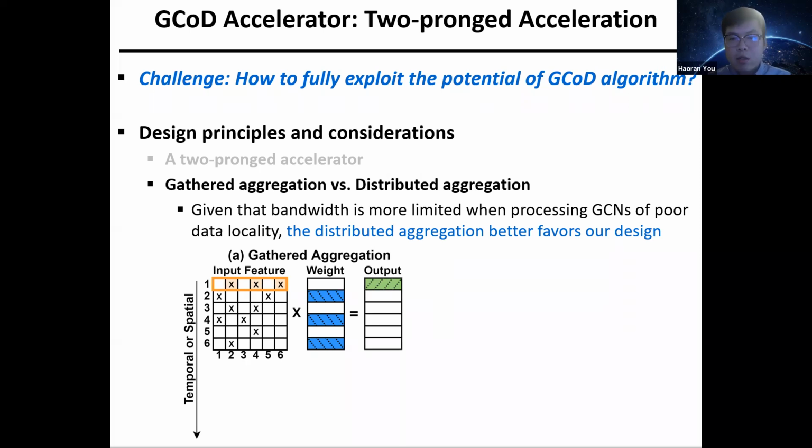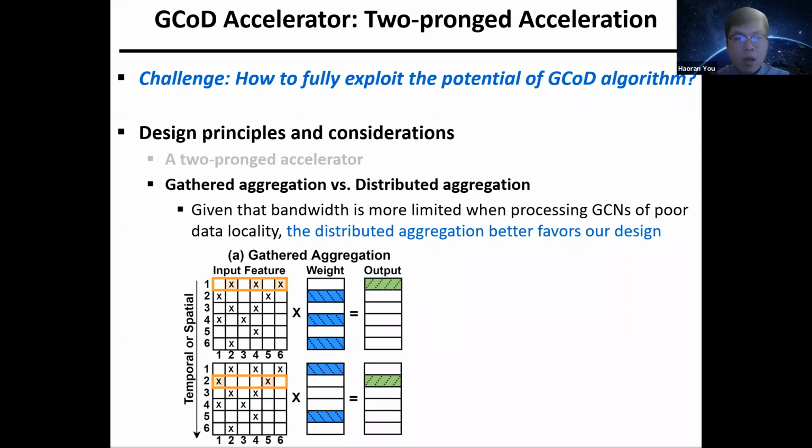And here we discuss 2 typical designs for accelerating the aggregation phase. The first one is the gathered aggregation. It executes nodes in a sequential manner. For example, here we first process node 1 and gather its neighbors' features in parallel, and then we move to node 2.